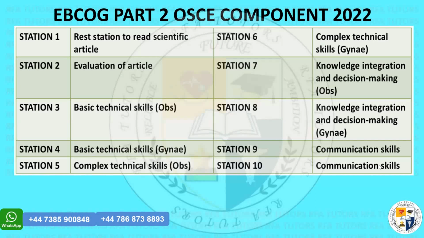In the course schedule, we'll provide you which stations you need to cover, and this is going to be the upcoming session, so that you exactly know that this is from the complex technical skills. We have divided the sessions according to the themes because it's not module-wise in MRCOG. It's not the long case or the circuit as in MRCPI. We need to follow the format and be good at exactly the exam pattern.